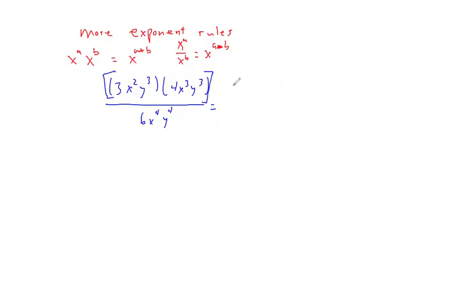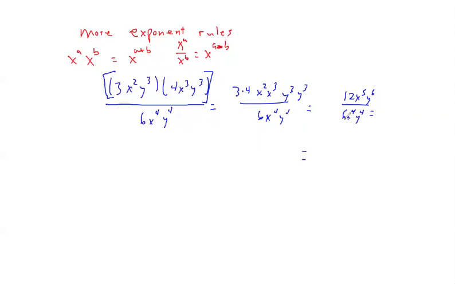And you should have got 3 times 4, x squared times x cubed, y cubed times y cubed over 6x to the fourth, y to the fourth. And then that would have been 12x to the fifth, y to the sixth, because I'm adding my exponents by using my multiply rule, over 6x to the fourth, y to the fourth.